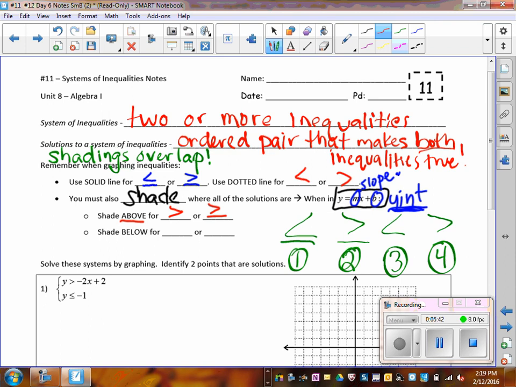And this is when it's in the format y equals mx plus b, or y is greater than or equal to mx plus b. We shade below when it's less than or less than or equal. Okay. So shade above for greater than, shade below for less than. All right, so let's go ahead and take a look at number 1 together.